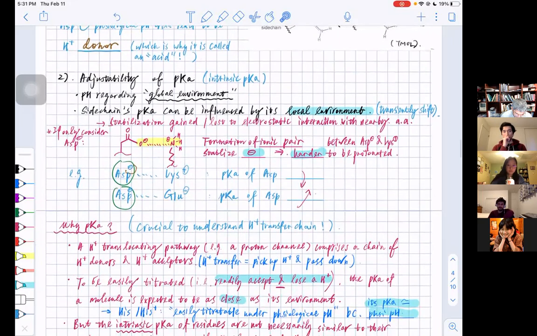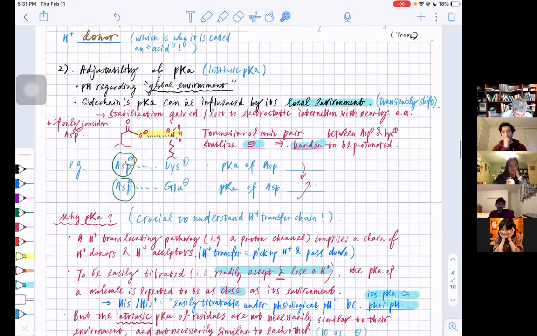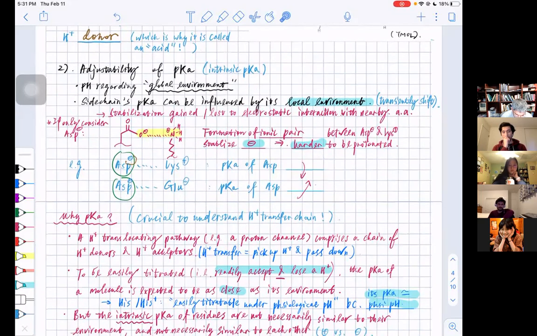Similarly, if you put a negatively charged glutamate nearby the aspartate, the electrostatic repulsion will decrease the stability of the negative charge on the aspartate. That results in an increase of the pKa of the aspartate. It's basically saying it's more likely to be protonated.